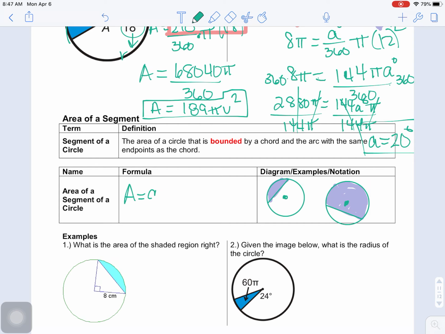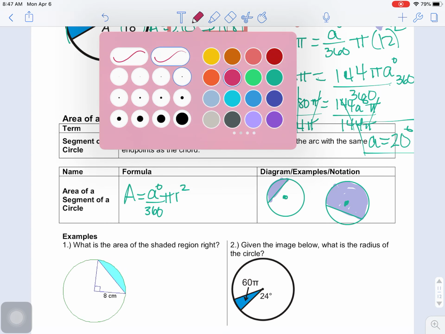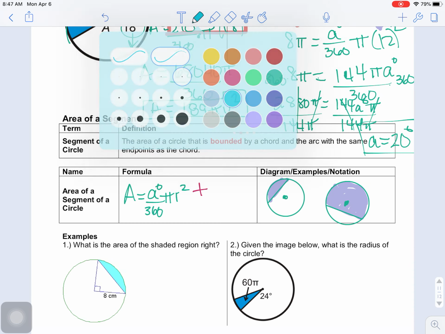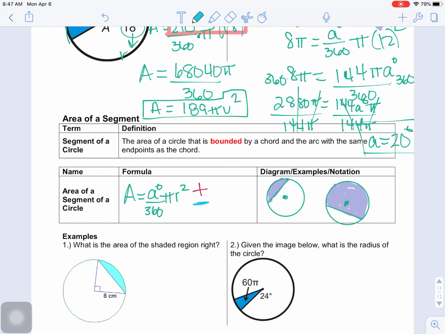So area is equal to the arc over 360 times pi r squared. And then here's key: we're either going to add or subtract the area of a triangle, so base times height divided by 2.